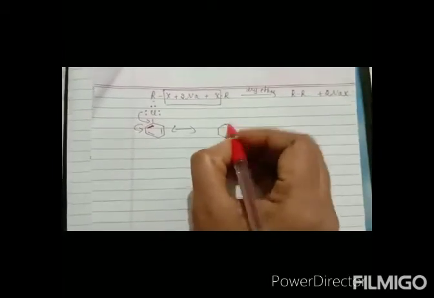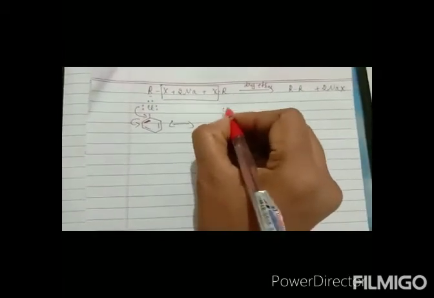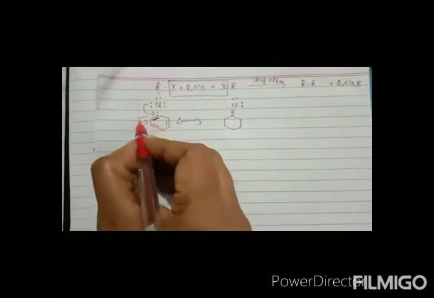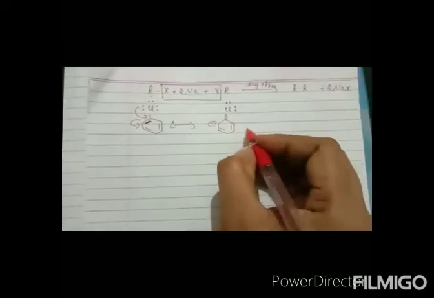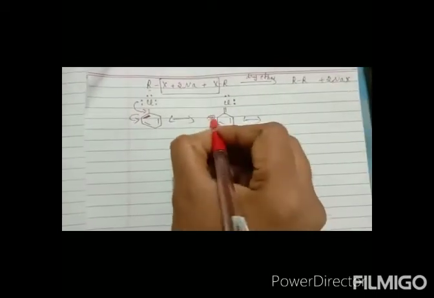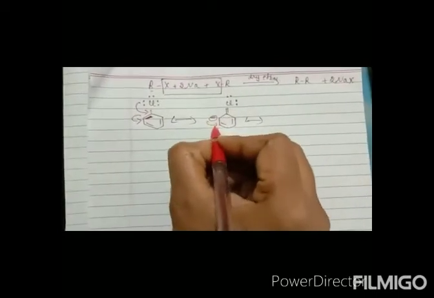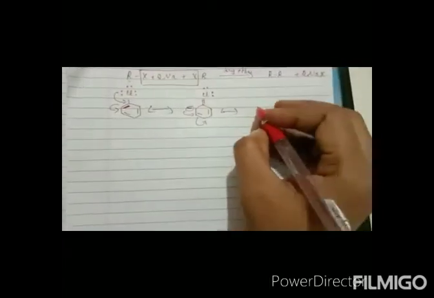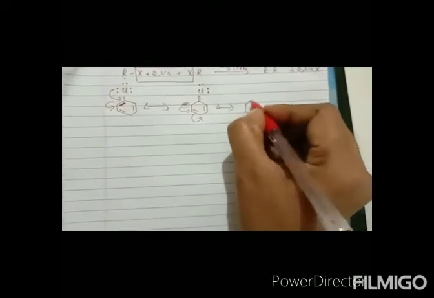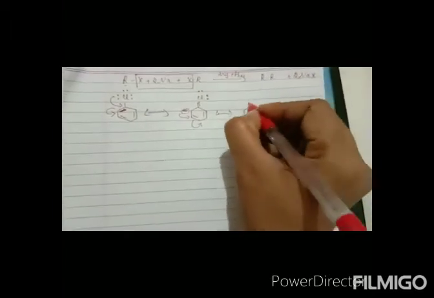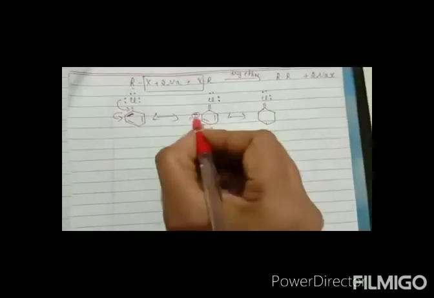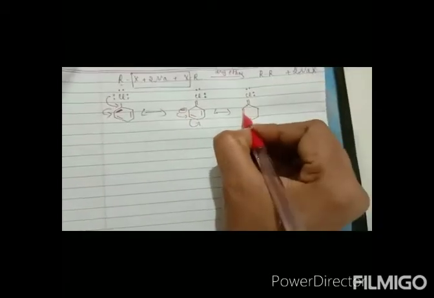So I get the resonating structure with a double bond to Cl with a lone pair of electrons, and the double bond opens up to give a negative charge. What happens next? This negative charge moves on, the double bond opens up, and the negative charge appears at the ortho and para positions. So I have the next resonating structure, where this negative charge opens over here, and I have my negative charge.